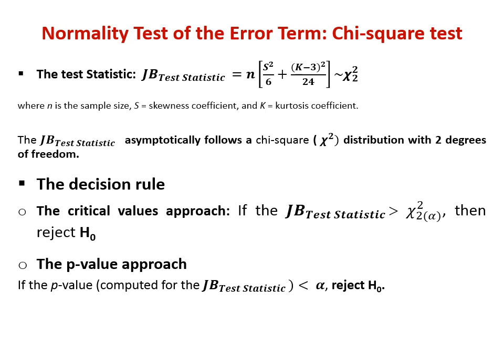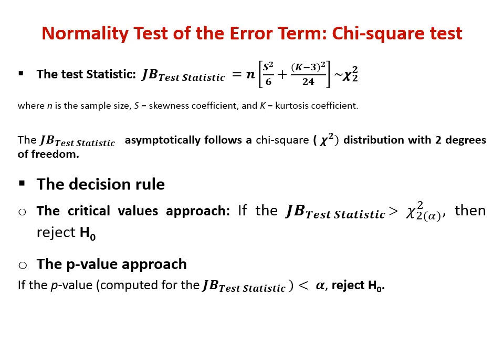So it's obvious from the Jarque-Bera statistic that if skewness equals 0 and kurtosis equals 3, its value is 0. Therefore, the closer the value of the Jarque-Bera statistic is to 0, the better is the normality assumption. The Jarque-Bera statistic asymptotically follows a chi-square distribution with 2 degrees of freedom.